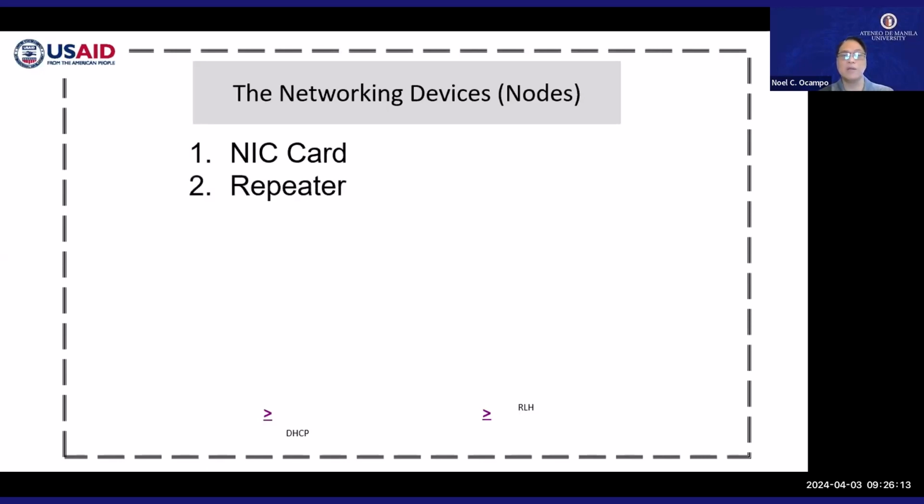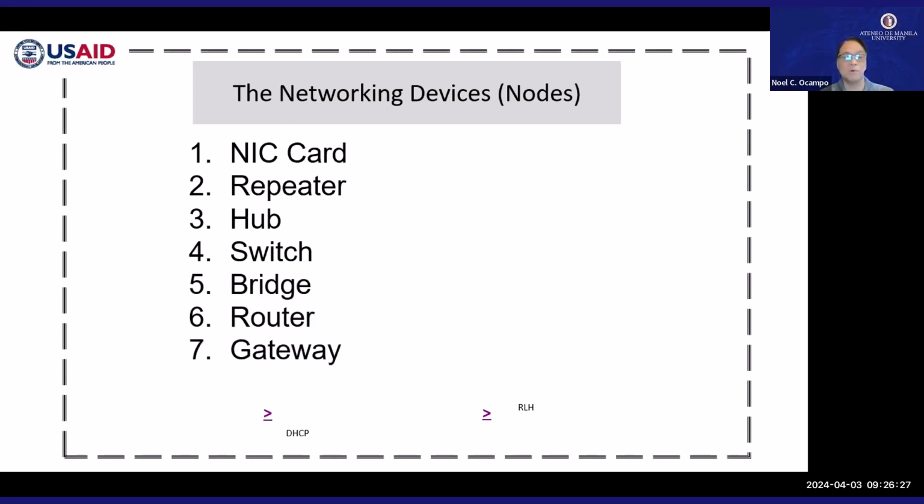The networking nodes that are covered by the course start from the NIC card, the repeater, the hub, the switch, the bridge, the router, the gateway, and the firewall.